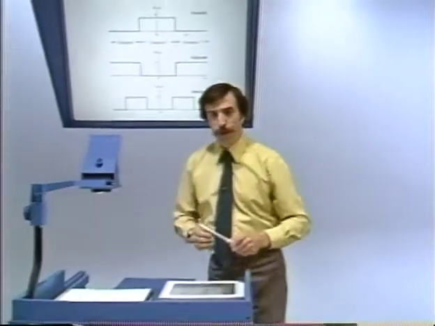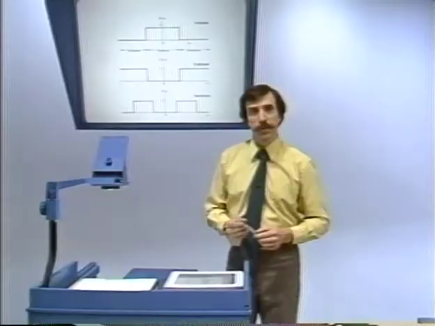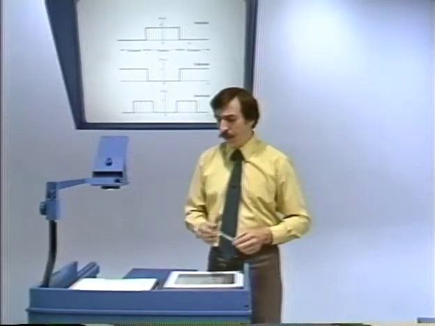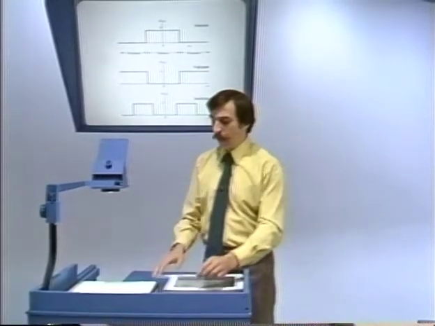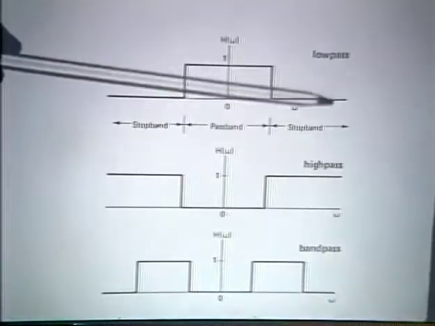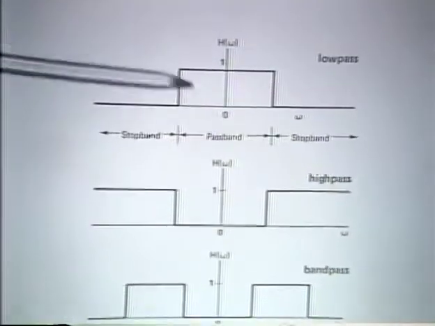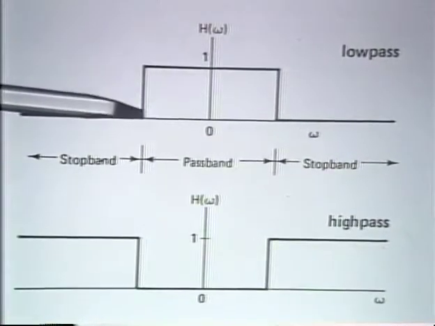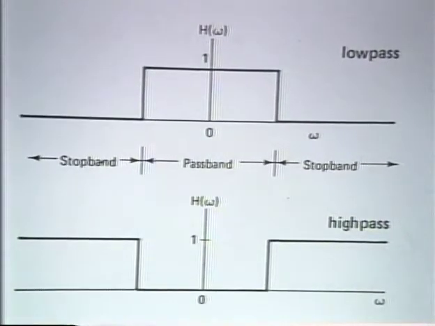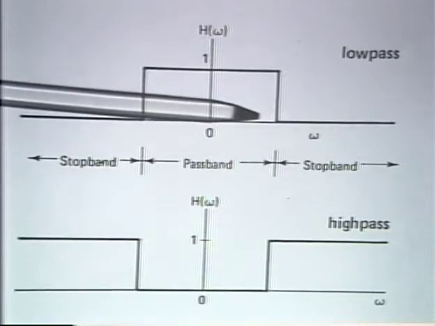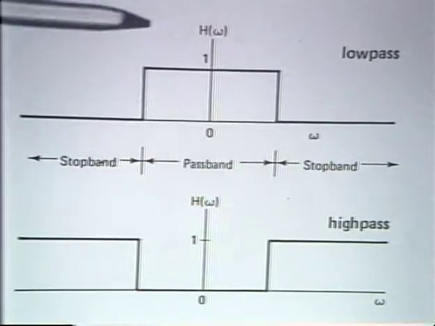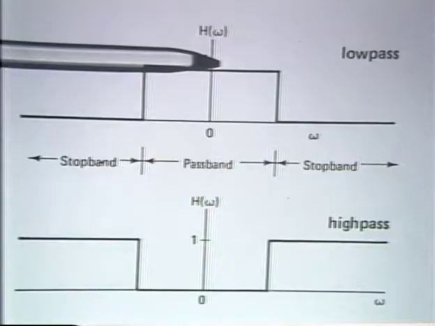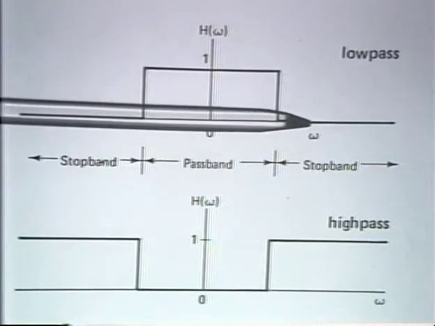So we have, as you recall, first of all, the notion in continuous time of an ideal filter. For example, I illustrate here an ideal low-pass filter where we pass exactly frequency components in one band and reject totally frequency components in another band. The band being passed, of course, is referred to as the pass band, and the band rejected as the stop band.